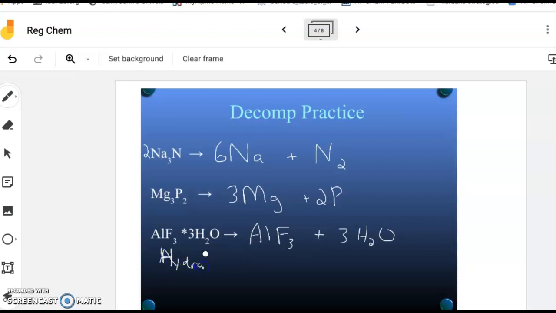And then when it breaks apart, when it doesn't have water anymore, now it's called anhydrous. Okay, so hydrate when you have the water molecules attached, anhydrous when the molecules are now separated. Okay, and that's all the notes for these first couple reactions.